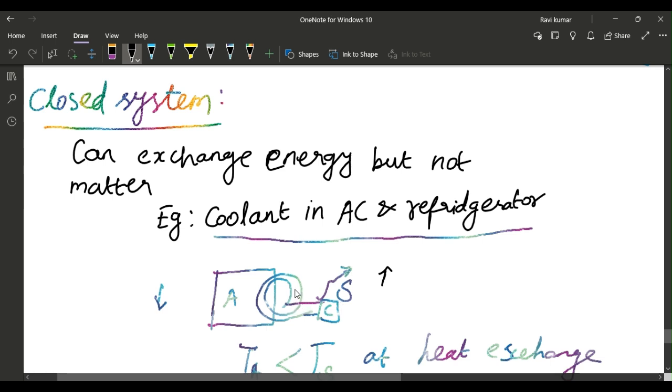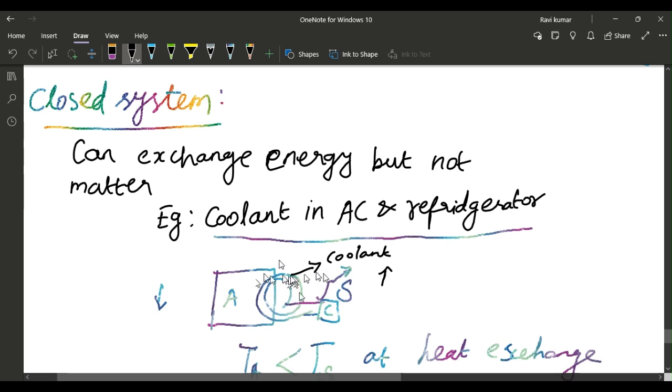But here, the closed system is not the A and not the S. I am talking about this coolant. You are not adding additional coolant, you are not removing any coolant from the system, but you are just circulating it between the system and surrounding, so that heat energy is exchanged between our coolant and the surrounding.